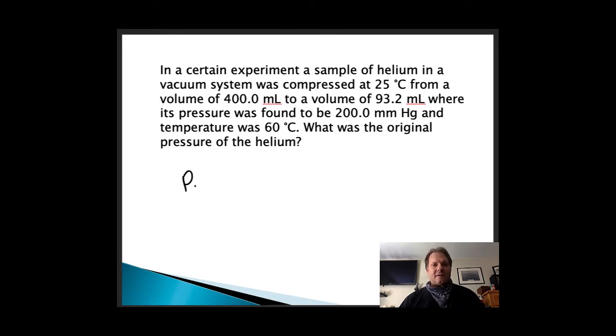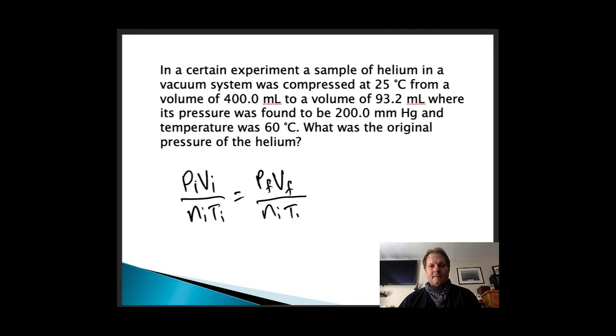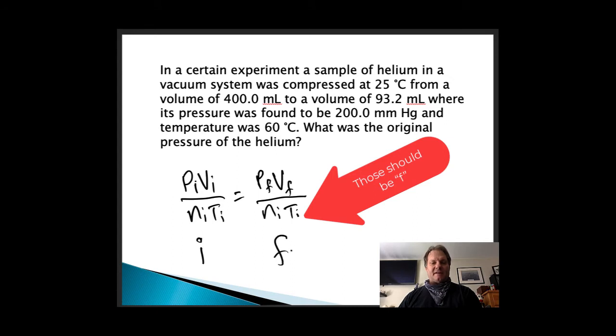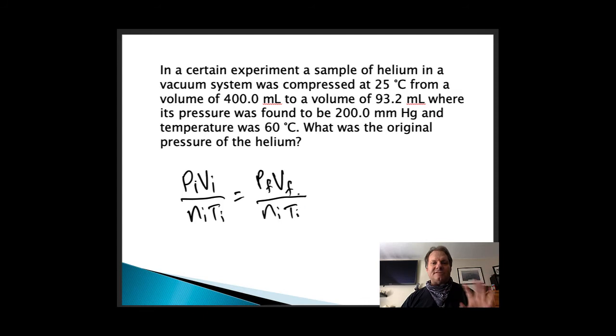So what we're going to start with is our statement of the combined gas law. PV over NT equals PV over NT for the final condition. So this is my initial condition, here's my final condition. The first thing we can do is really look at what variables are not changing.